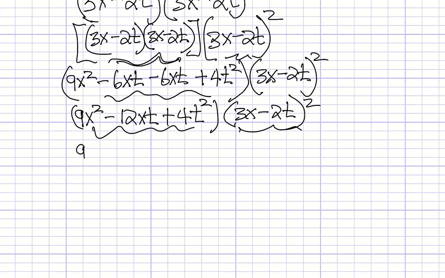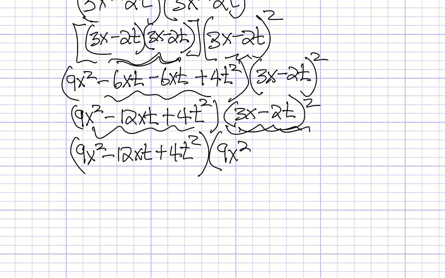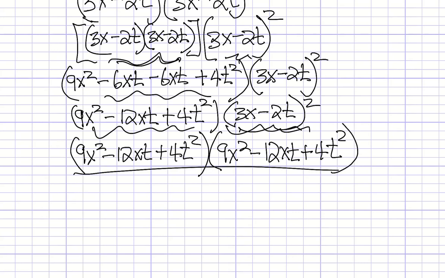Since we got 9x raised to the power 2 negative 12xt plus 4t squared, that's the same thing we're gonna get from here. So we'll repeat that: 9x squared, negative 12xt, plus 4t squared. So we're gonna multiply all that together.